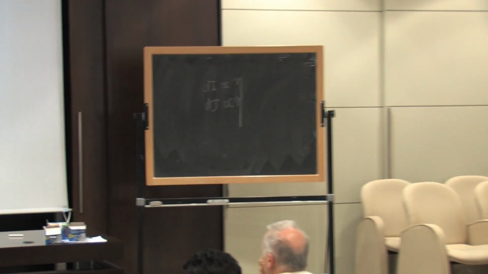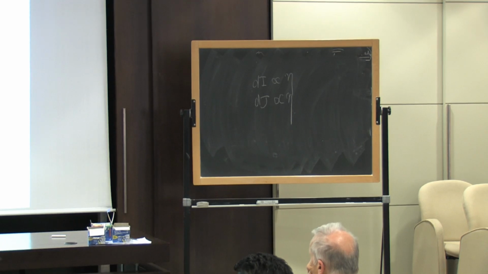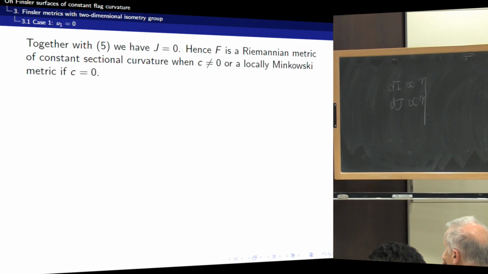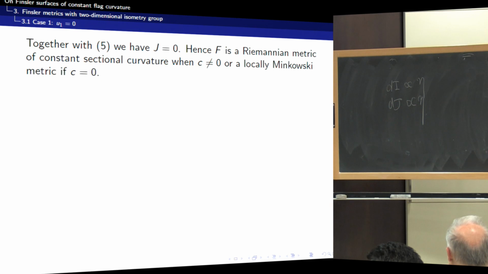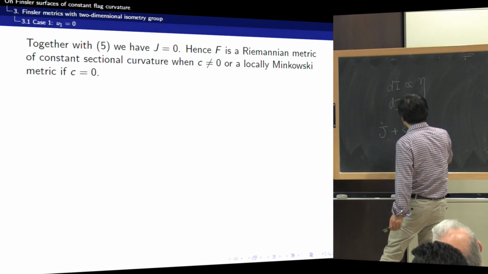So, continuing. Together with the Bianchi identity, we have J equals 0. Now we consider two cases. The first case is u1 equals 0, and the second case is u1 not equal to 0. In the case u1 equals 0, we can obtain J equals 0. With J equals 0, we can use the Bianchi equation, J dot plus CI equals 0.